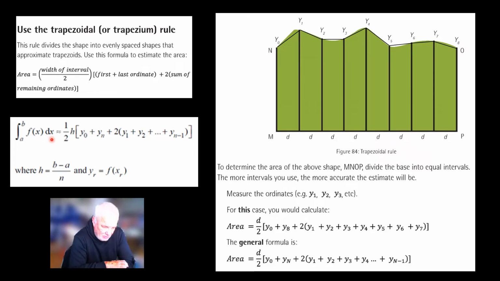The definite integral between b and a, f of x dx equals a half. H is the distance between them effectively, but it's got a formula there. It's b minus a divided by n.